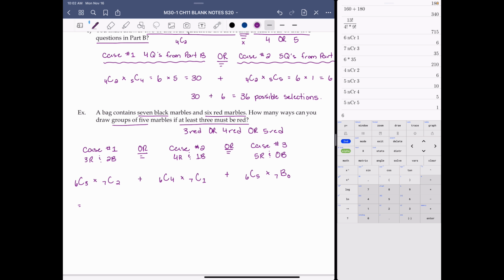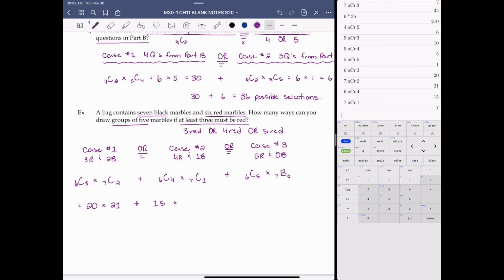6C3 gives us 20. 7C2 is 21. Plus 6C4 is 15 times 7C1, that should be 7.